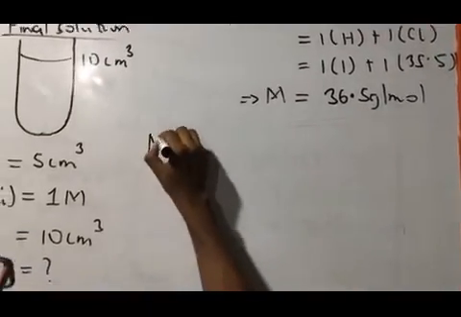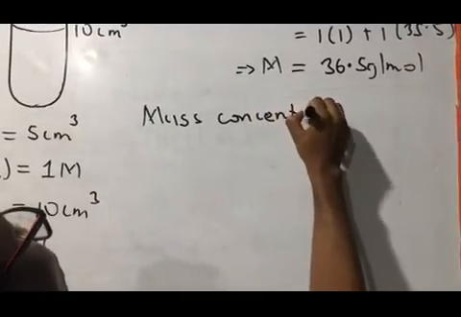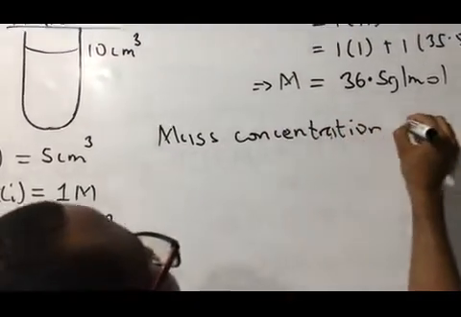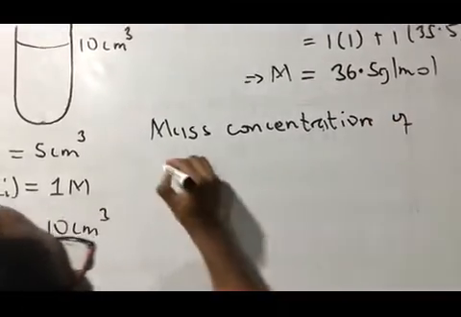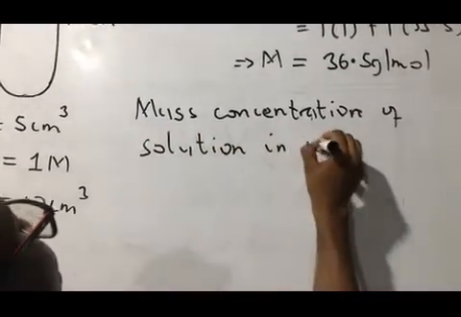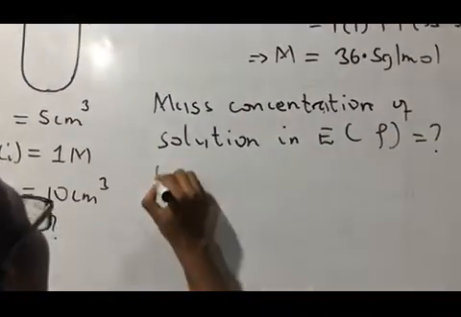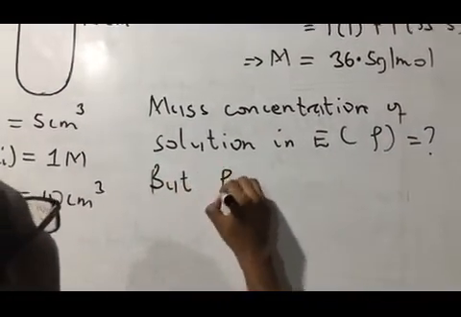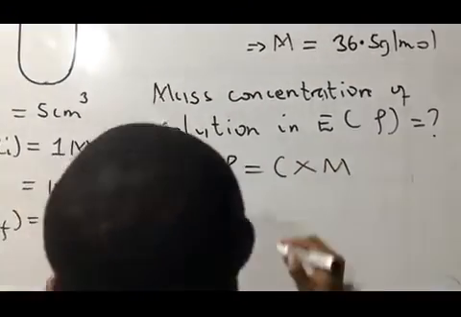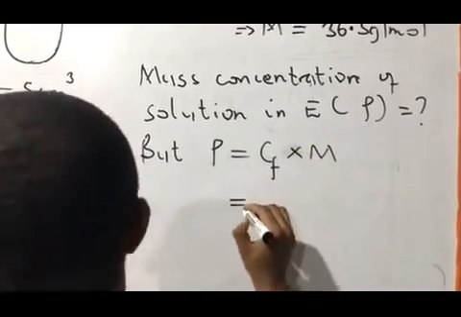So you can find the mass concentration. So mass concentration of solution in E, that's the rho. So the rho is C times M. So here we are using CF, so that's CF times M. Our CF is 0.5.